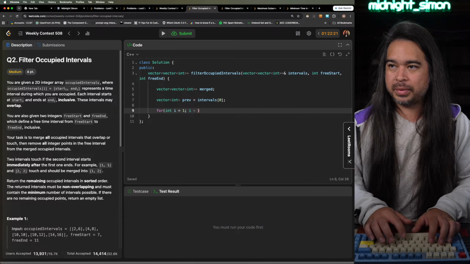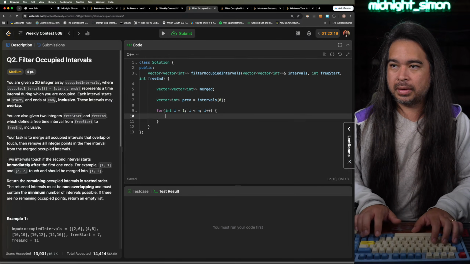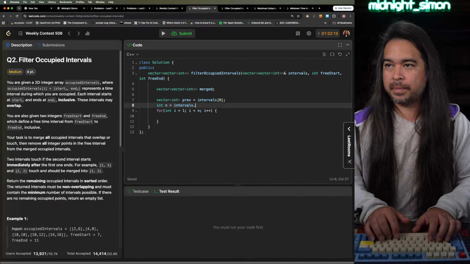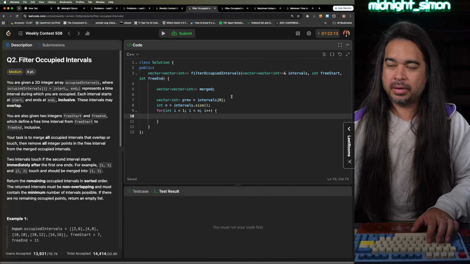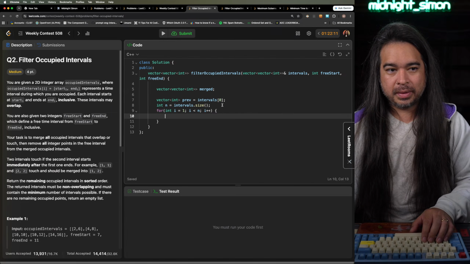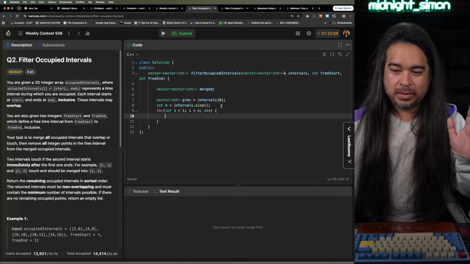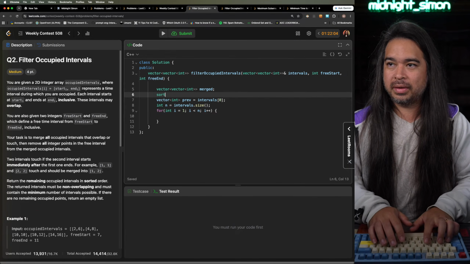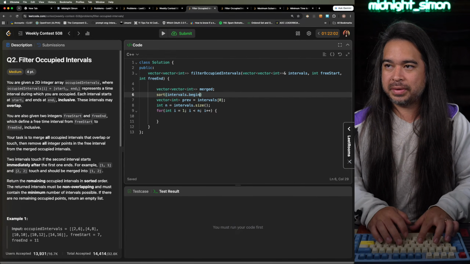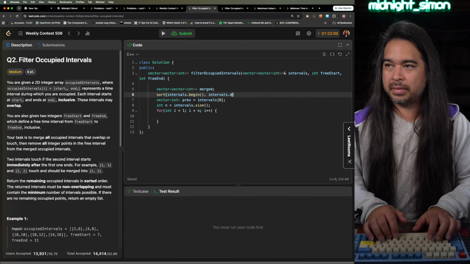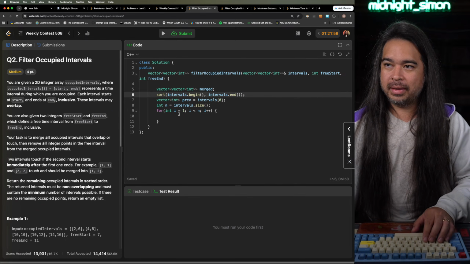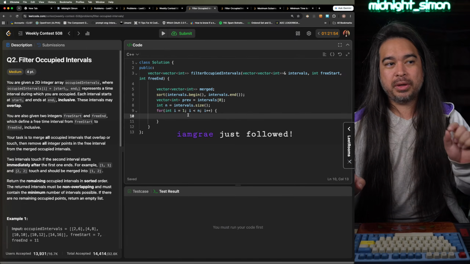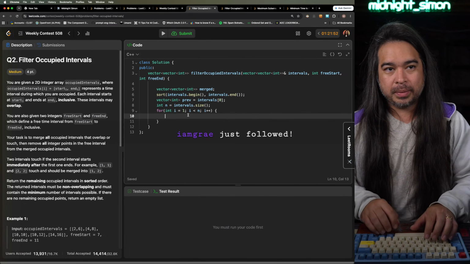Start from the first one. And then, alright, so I'm iterating through. Wait, first I gotta sort them, man. Sort the intervals. Then I iterate through them. I remember the previous, and I gotta check if the previous one overlaps with the current one.